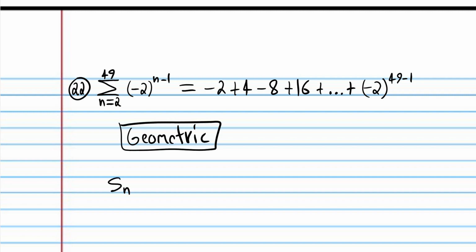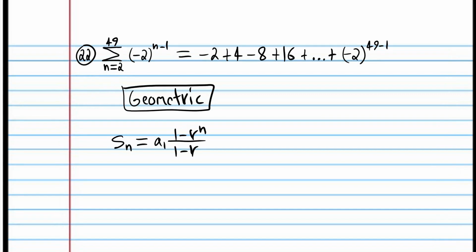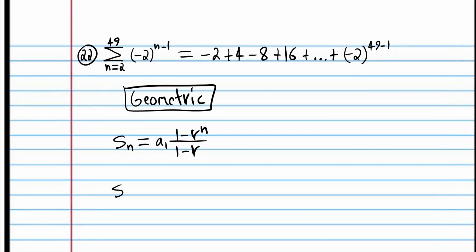and we're going to use this formula here, and the question is, how many terms are we adding? If n were equal to 1, we'd be adding 49 terms. But because it's equal to 2, we're adding 48 terms. So n is 48. The first term is obviously -2.